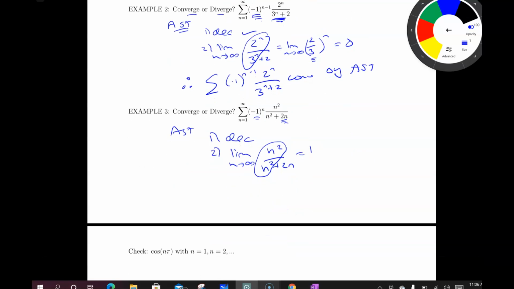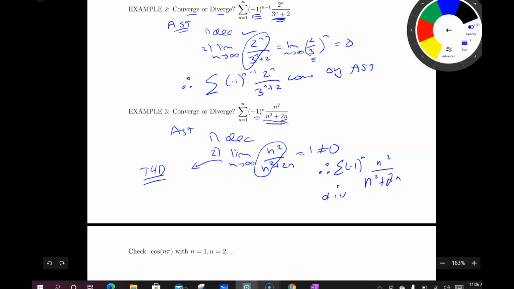But wait a minute, I've fallen out of AST, and what I've just done now is a test for divergence by taking the limit of the nth term. So if the limit of the nth term doesn't equal 0, I get a conclusion that this alternating series diverges by T4D.